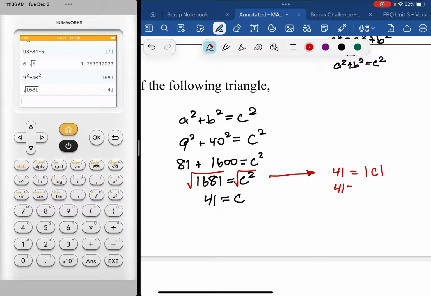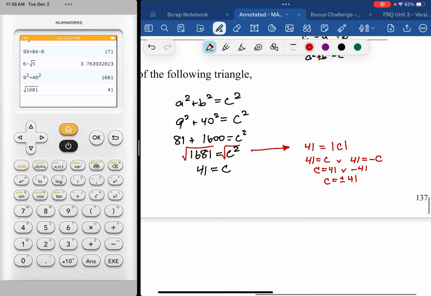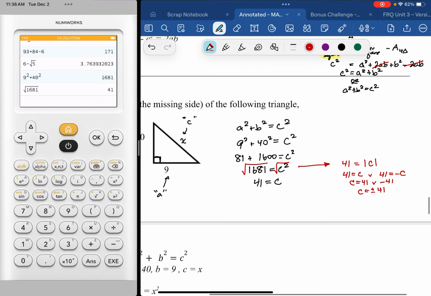So 41 would be equal to C, or, a little V symbol for or, 41 could be equal to negative C, which means that C could be equal to 41 or negative 41. Another way of writing that would be C is equal to plus or minus, positive or negative 41, right?